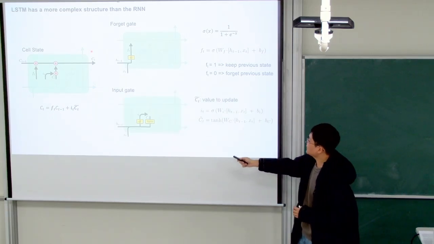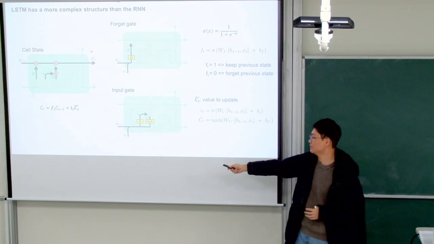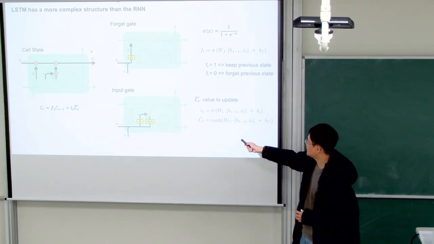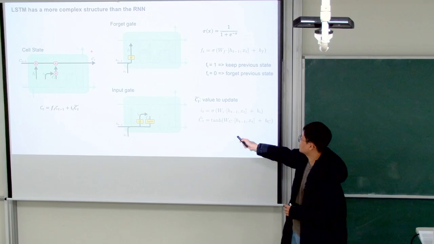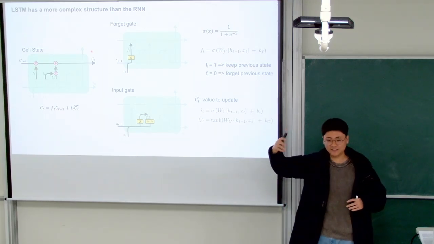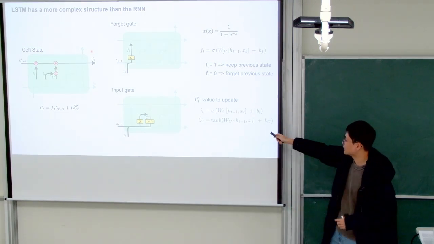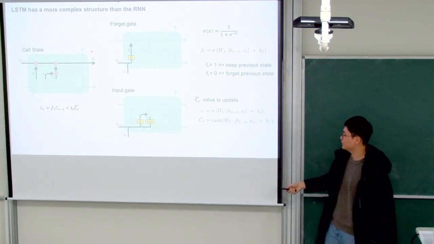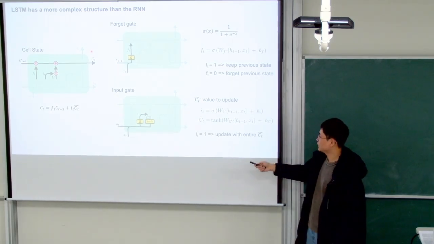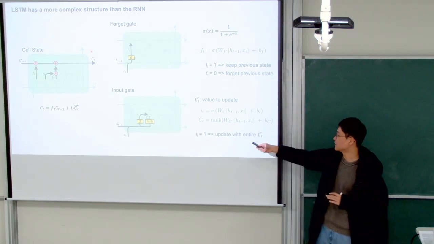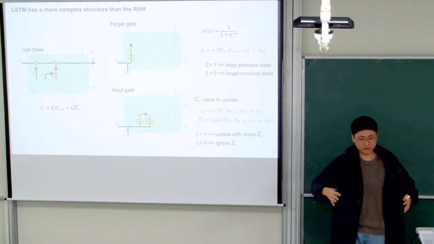And then the input gate determines which values we want to update based on the input and output. This value is the candidate value to update, and I_t determines the kind of weight applied to this update value. These two values are determined based on the current input and previous output. If I_t is equal to 1, we fully update with this value, and if I_t is 0, we just ignore the current input.